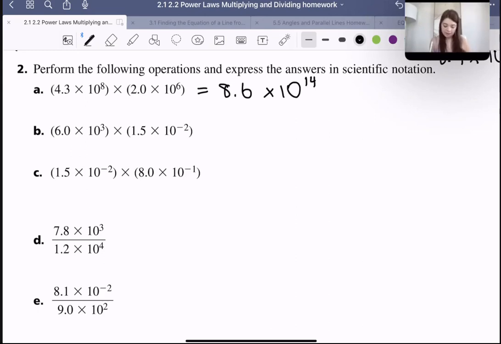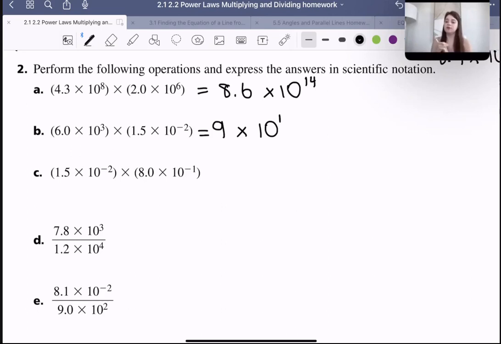All right, how about this one? It's 6 times 1.5. Well, what is 6 times 1.5? Well, that's the same as 3 times 3, which is 9. So it would be 9 and then times 10 to the power of 1. Okay. And now, why is it 10 to the power of 1? Well, if we add the exponents of 3 and negative 2, 3 plus negative 2 is 3 minus 2, which is 1.